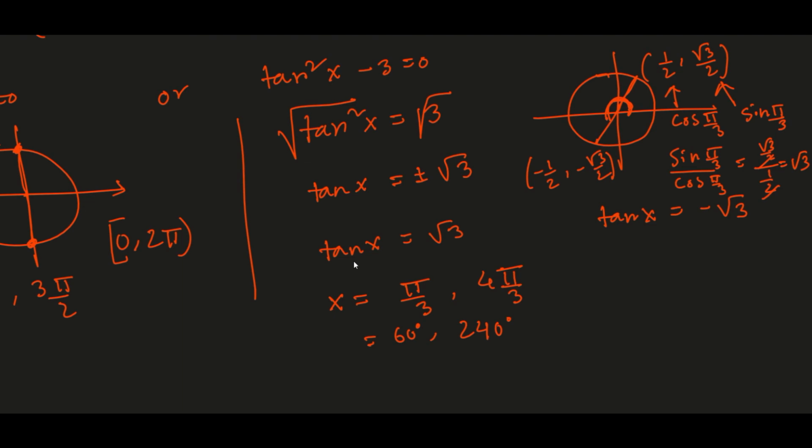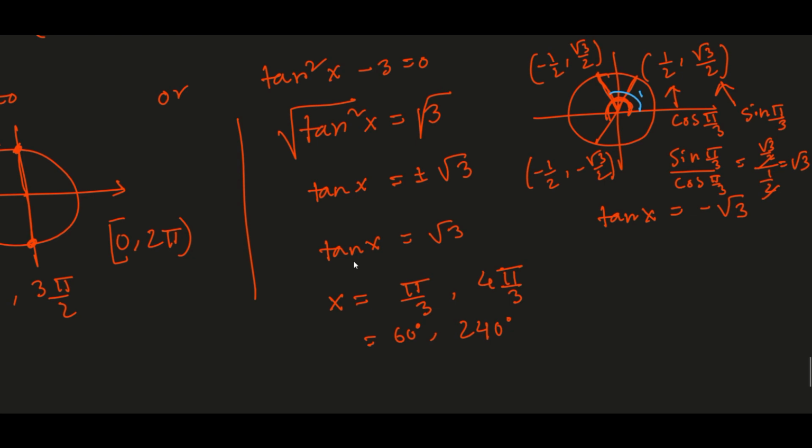Now let's talk about the negative part of the solutions. We can get the negative value at this point, on the line that I drew before. Here the x coordinate is negative 1/2 and this is positive square root 3 over 2, and the angle here is 2 pi over 3.